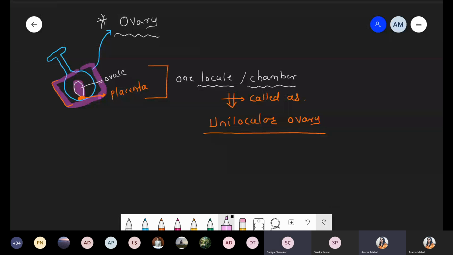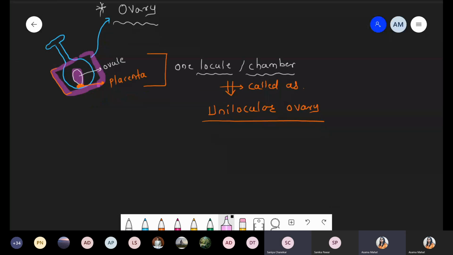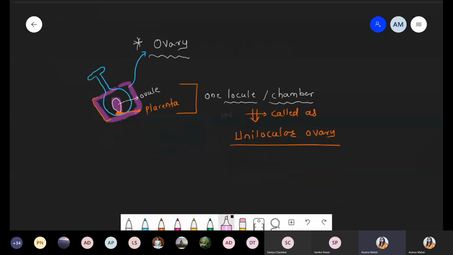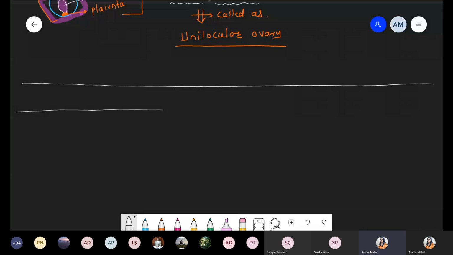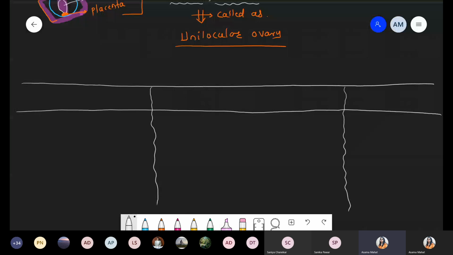Okay, so now we have to represent this in a chart. Let's go. Divide your page into 3 parts. First of all, we are talking about the type of ovary, then the number of locules or chambers, and now examples. The example part should be small because we have to write down only one example.